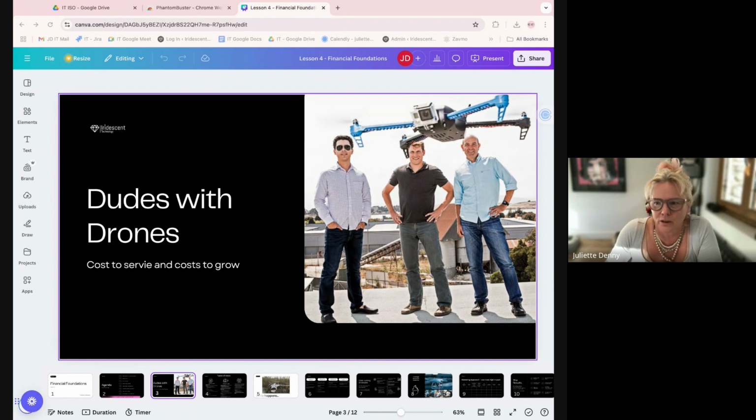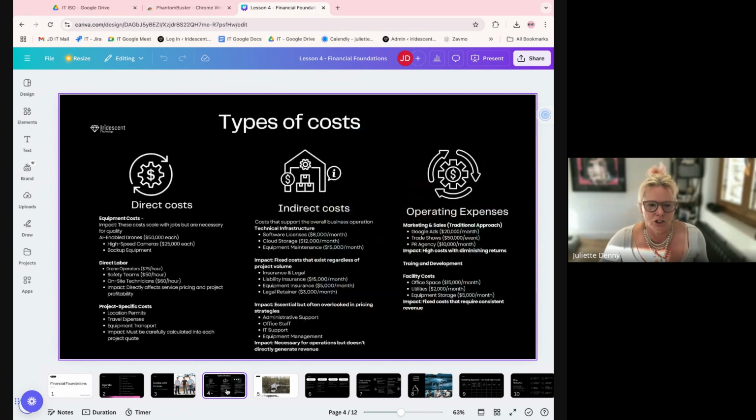It's all going really well for these Dudes with Drones. They're happy. I mean, they haven't quite got a sports car yet, but they are really living the life with this new company. Okay, so now let's just look at the type of costs that the Dudes with Drones have.